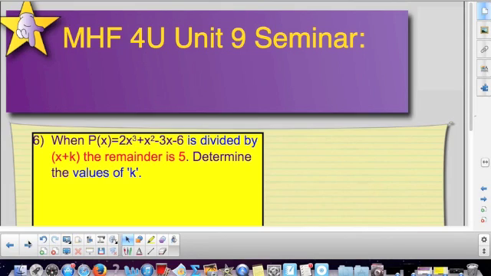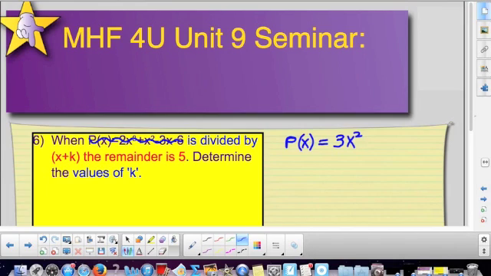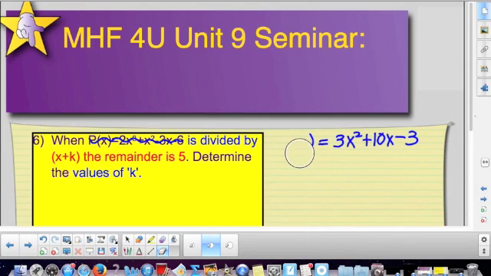Now the next one is important. When p of x is equal to the same function we've been dealing with, 2x cubed plus x squared minus 3x minus 6, slightly different, is divided by x plus k, the remainder is 5. Determine the values of x. Now this is a good test question. Squared plus 10x minus 3. So if that is divided by x plus k, the remainder is 5. So we're going to set this p of x equal to a remainder of +5.